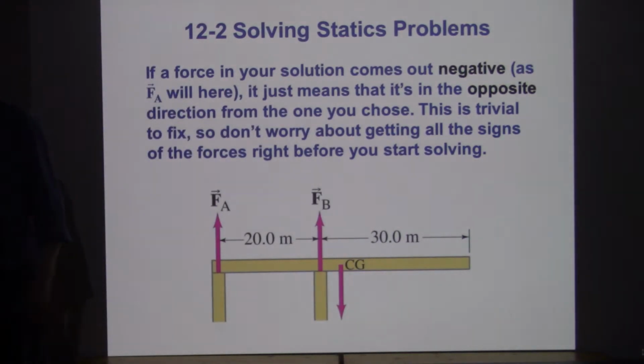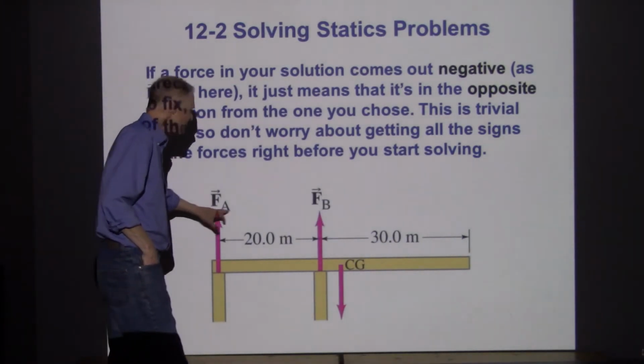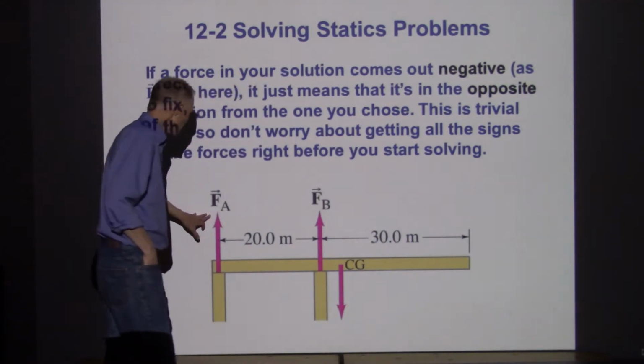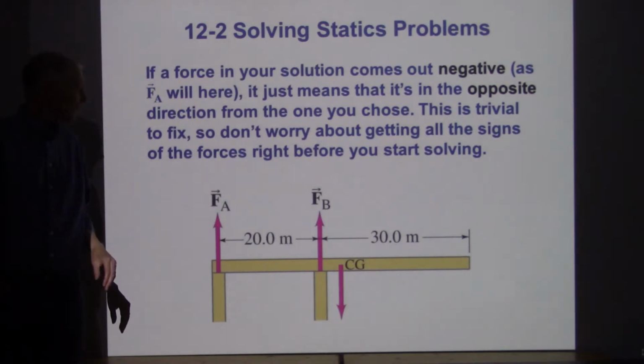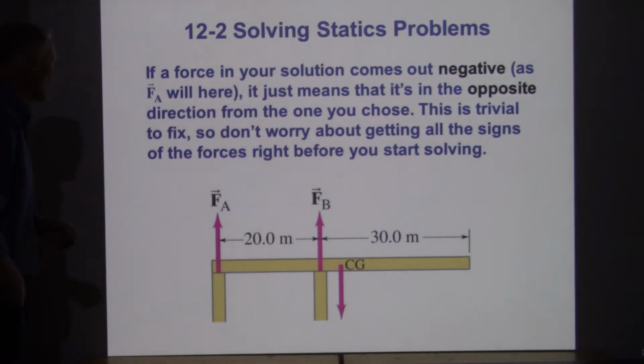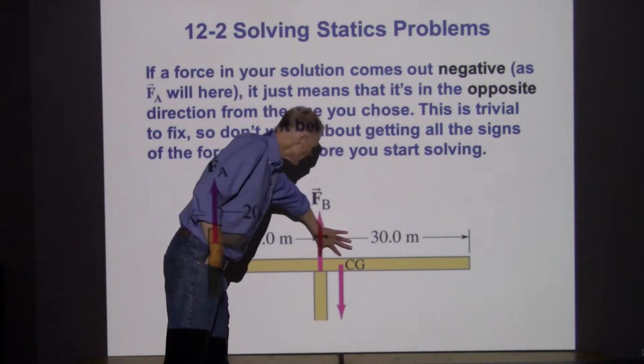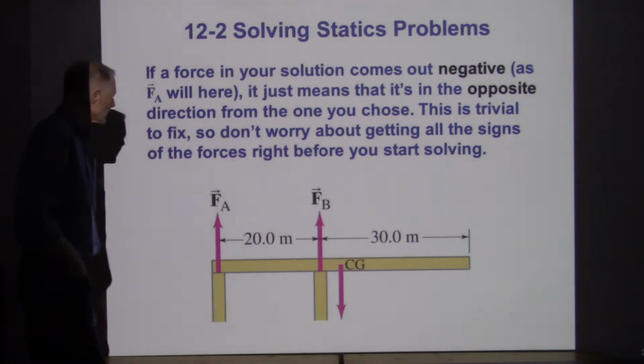Now you might panic then and say, oh no, I've got to get all the directions right from the start, and it turns out that's not true. So they're actually showing in this example, if you had decided to, and I guess we could have written this one up, we could have said this is just mg. They didn't give us a distance though. We would need this distance in order to solve this problem.